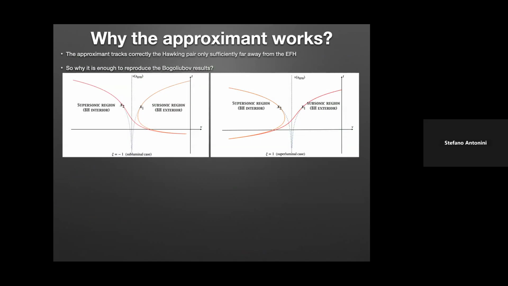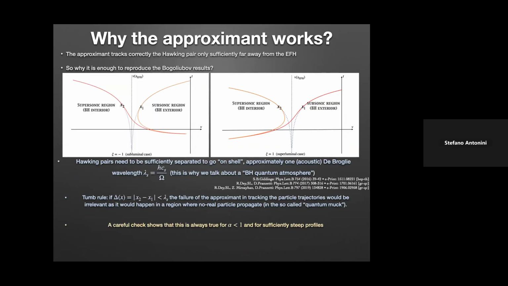So now, why does the approximant work? The upshot is very simple. I don't know if one of you is familiar with the concept of the quantum atmosphere. If you look at where the quanta go on shell, they go on shell at a distance from the horizon at which the approximant is already tracking the Hawking quanta very well.